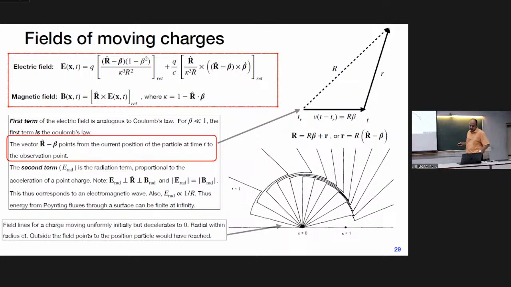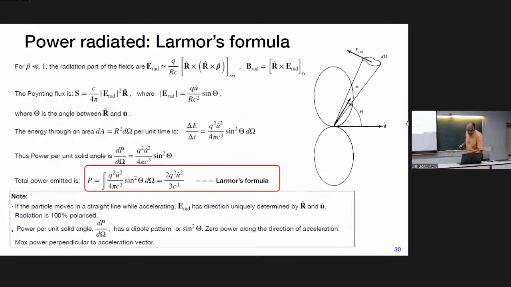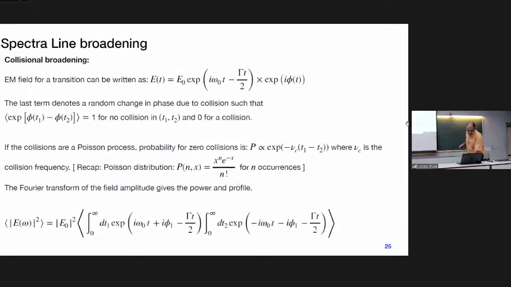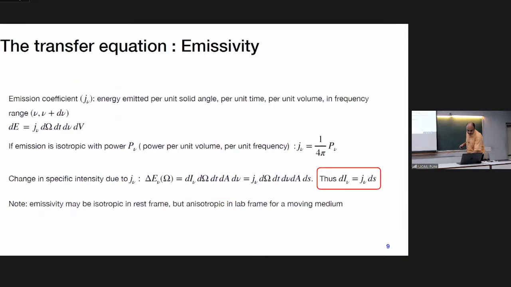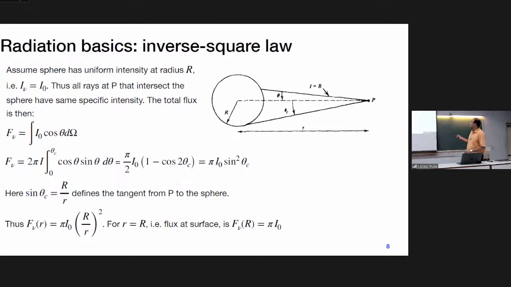If you go back to the previous example, from a single point you can find out what is the energy going towards this place. So that is constant. Intensity along a given line is constant.